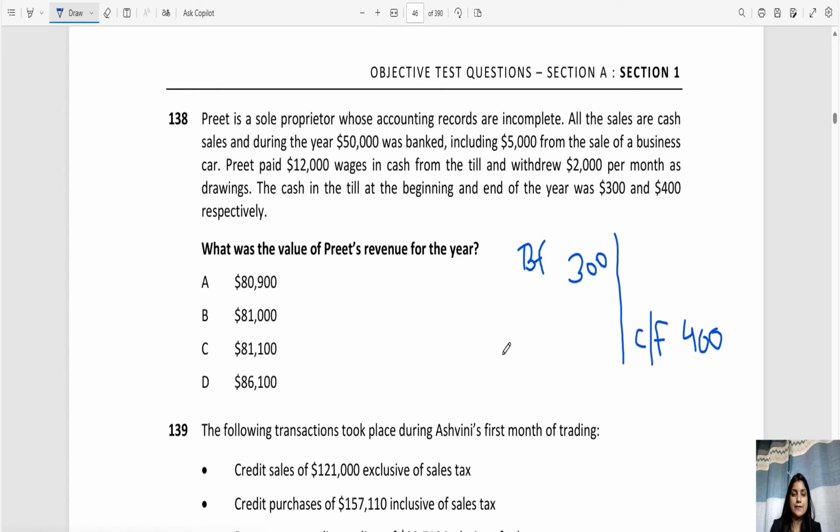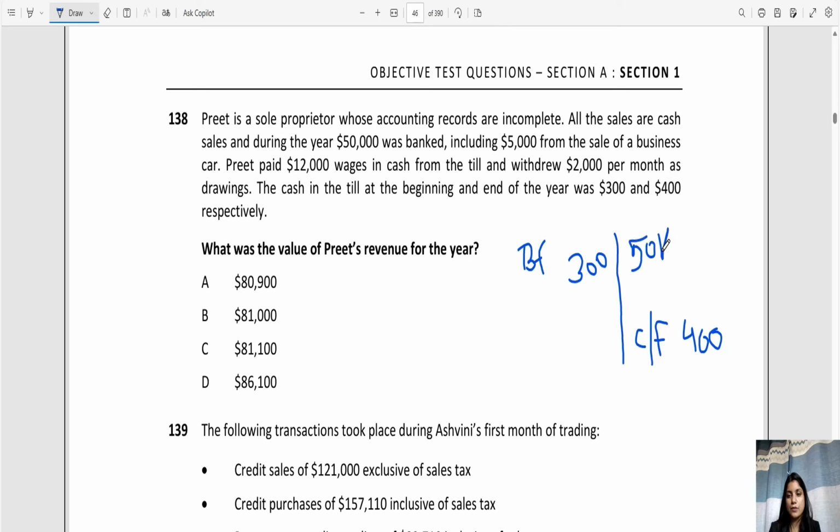So whatever cash we received, we simply banked, right? So it will reduce the cash balance by 50,000. I will simply write down the 50k. And in this 50,000, the 5,000 is from the sale of the business car. So we have received 5k as well from the sale of the business car.